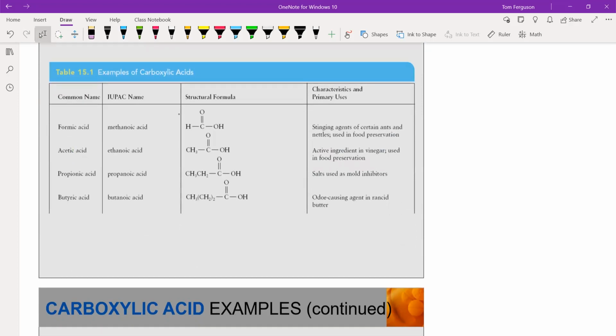Now, these are some of the smaller carboxylic acids, depending on the length of the chain. Now, this is an interesting acid here. It's called butanoic acid or butyric acid. It is what makes cow patties smell.